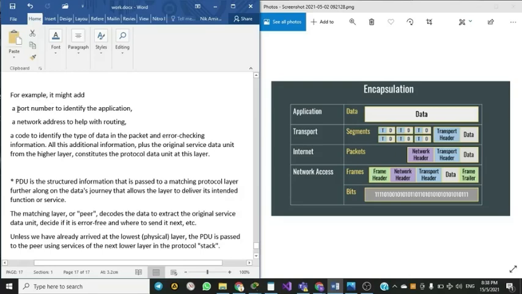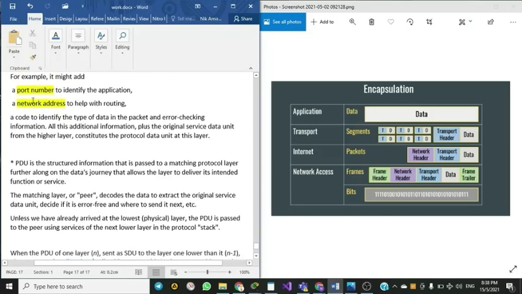For example, it might add a port number to identify the application, a network address to help routing, perhaps the IP address, a code to identify types of data and their purpose, and error checking information. All this additional information plus the original data from the higher level constitutes the protocol data unit at this layer.